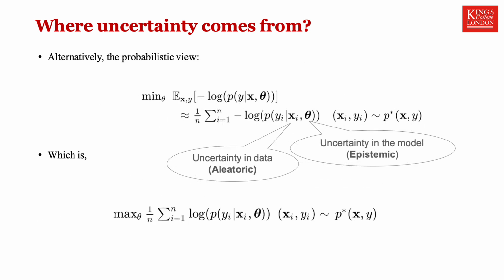You can also have the same equation now expressed in a probabilistic setting, where you're trying to calculate the log likelihood of the observations. And you see that the log likelihood, that P of Y given X and theta, the given part means it is dependent on X and theta. So the ability to calculate the probability of Y is conditioned on the input and the model parameters.